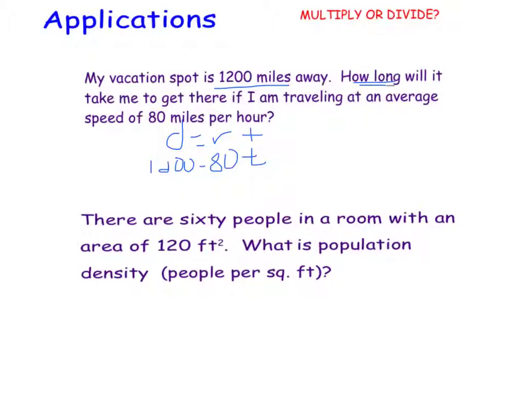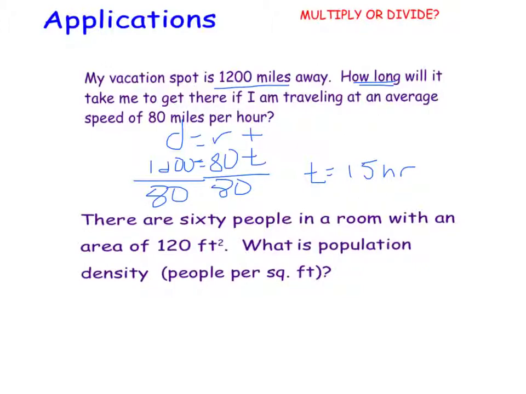How long will it take me? So it's a really easy problem when you have easy numbers. And many of your problems today are like this. So I divided by 80 on both sides, so the time it's going to take me is unfortunately 15 whole hours before I can get to my vacation spot.